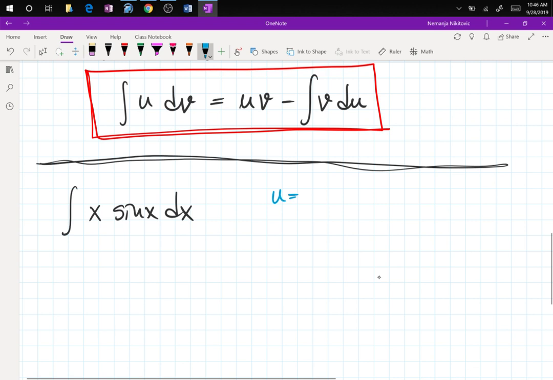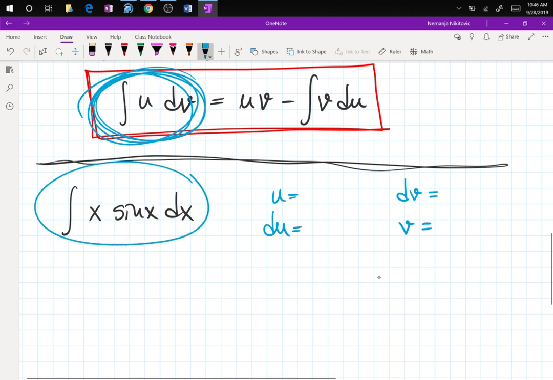The way we set it up is we say u and dv, and then there is a du and the v that we will need to get from the top row. Top row is everything that you have on the left, which is everything that you have in here. So you make a choice between x, sine x, maybe both together, maybe one, maybe the other, what goes for u?